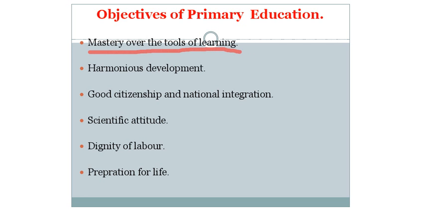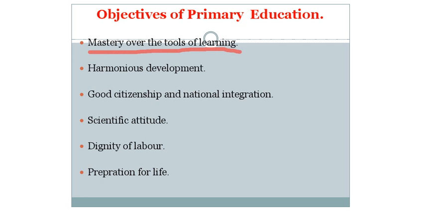Number second, harmonious development. To bring about a harmonious development of the child's personality by providing for his physical, intellectual, social, emotional, aesthetic, moral, and spiritual needs.